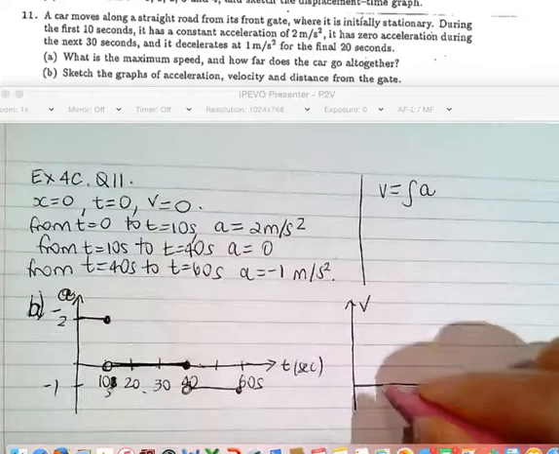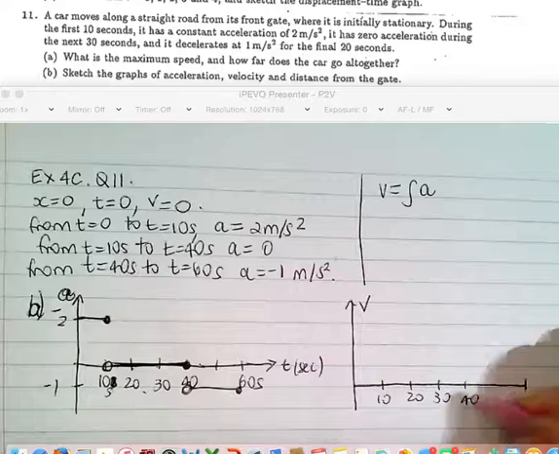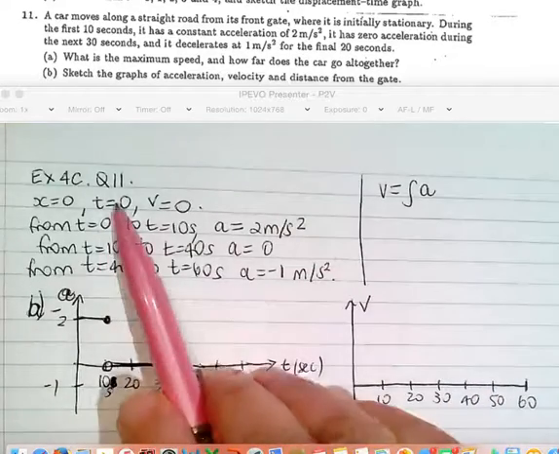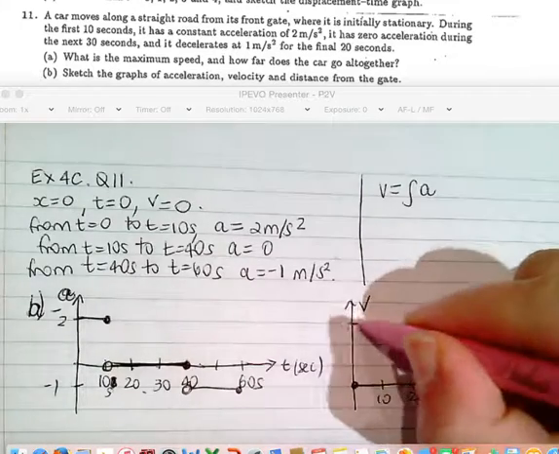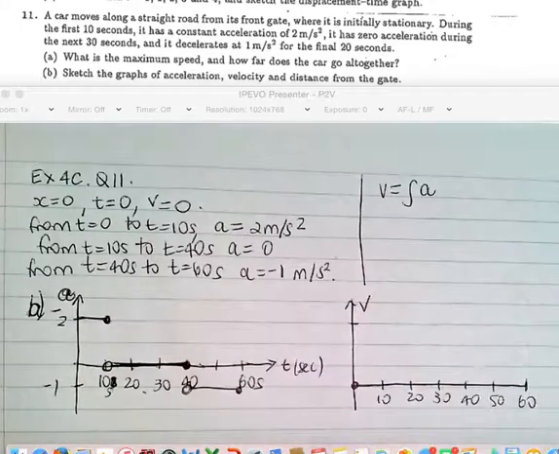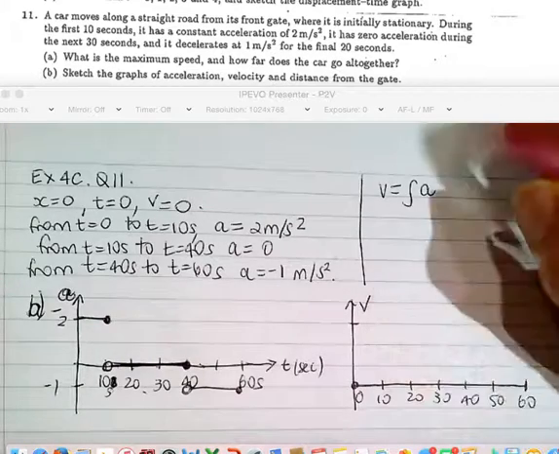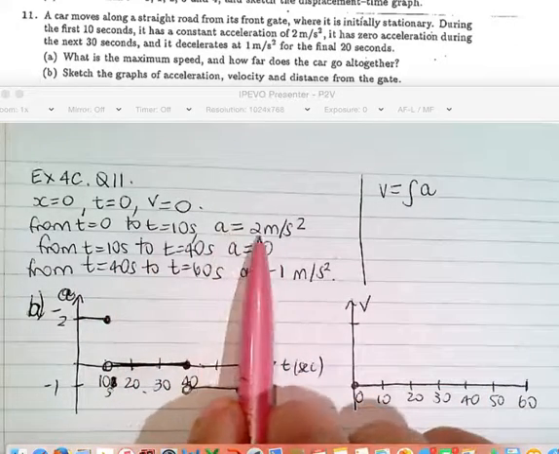So we'll put our time scale down the bottom, 10, 20, 30, 40, 50, and 60. We know that when time is 0, velocity is 0. And we know that for the first 10 seconds, the acceleration is a constant 2.